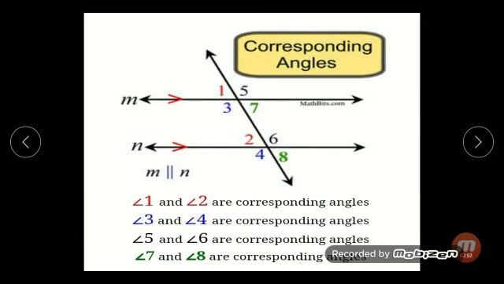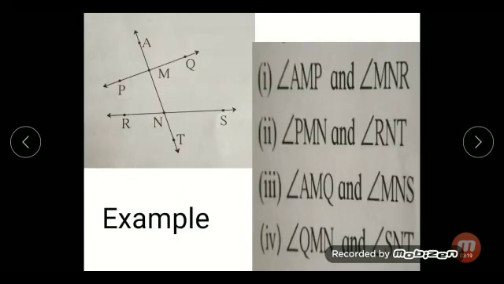If you take angle 3 and angle 4, the arms on the transversal are in the downward direction. The other arms are on the same side of the transversal. Similarly, angle 5 and angle 6, and angle 7 and angle 8 are corresponding angles. If you take another example, here AT is a transversal.